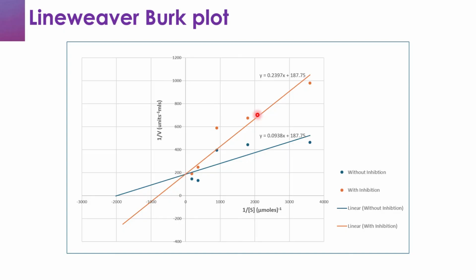This is the equation for the reaction in the presence of an inhibitor, which gives us y equals 0.2397 s plus 187.75. And this is also the equation of the line for the reaction in the absence of an inhibitor, which is y equals 0.0938 s plus 187.75. And if we look at our axes, on the y-axis we have our 1 over v values, and on the x-axis we have 1 over the substrate concentration values.